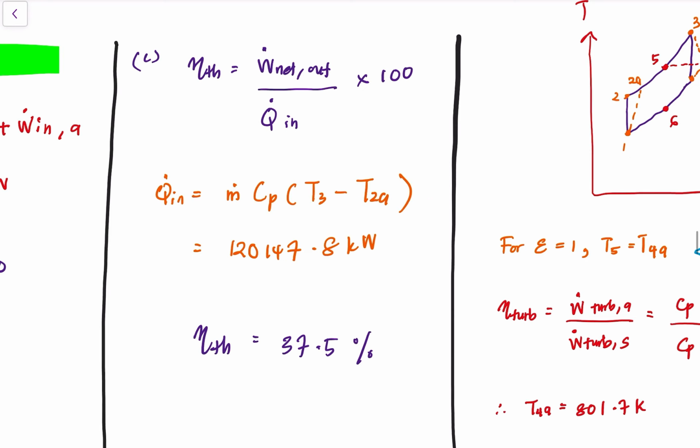Okay, so for the Q dot in, you can determine easily since you have the information on the T3 and also T2A, and then you can substitute into the thermal efficiency formula. Then you are going to get the thermal efficiency for the cycle is 37.5.